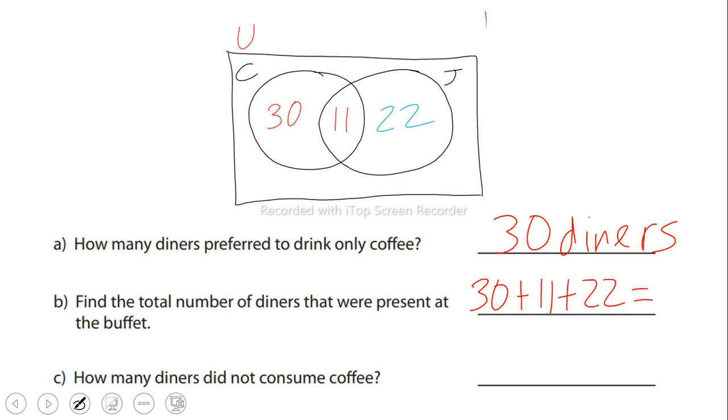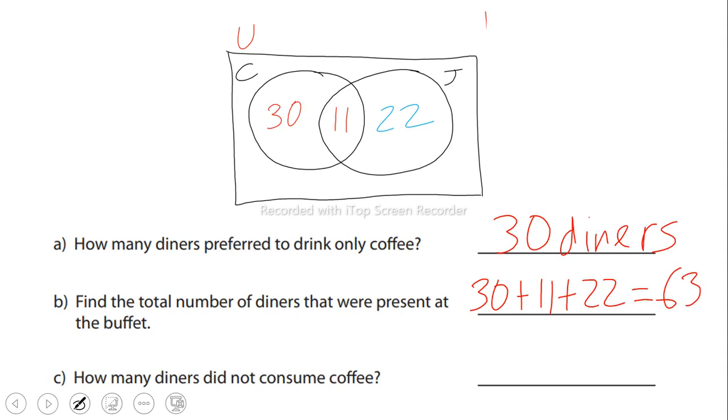You said 63? All right. So 30 plus 11 plus 22. How did you get 63? Oh, I see. Yeah, that's correct. 63 diners. All we did was add them.